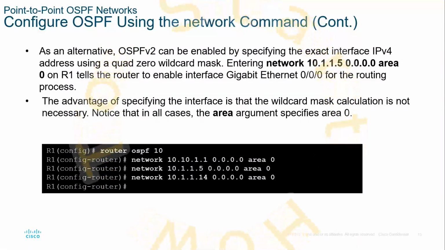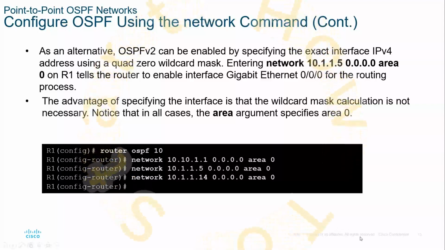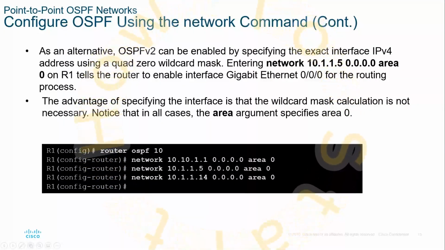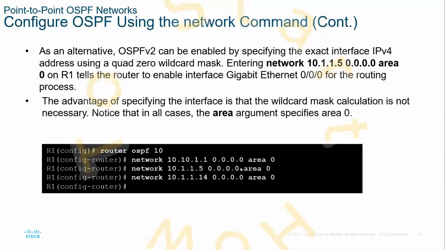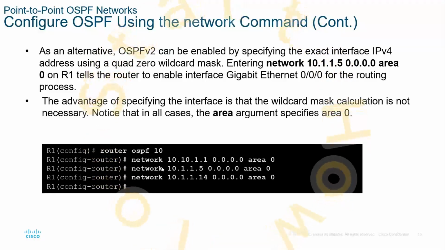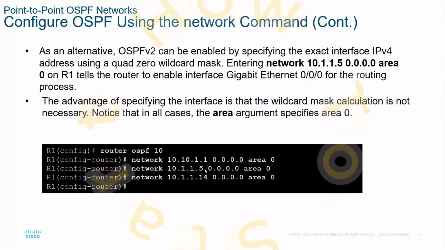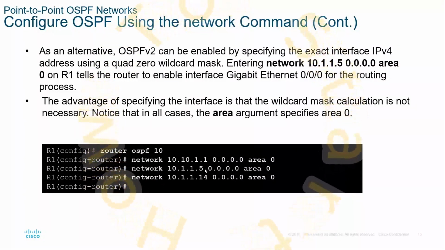You can also explicitly state what the addresses are with a wildcard mask of straight zeros. Basically, it says use that specific interface, so whatever IP address is applied to that interface will be the interface processing those OSPF commands.